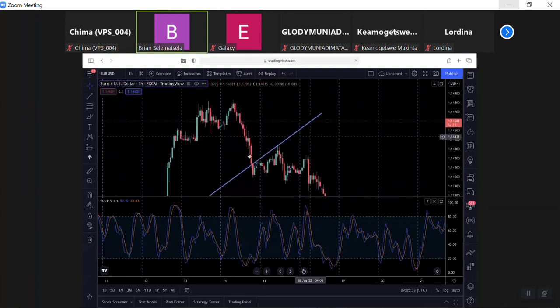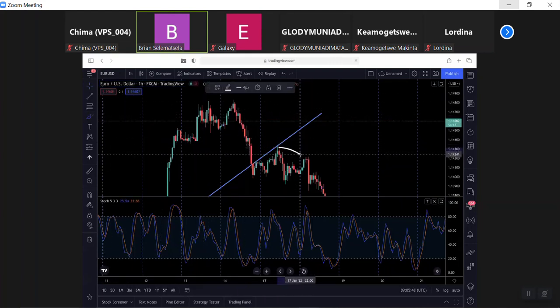On this time frame, the first divergence is from here to there, and from here to there. So you're seeing the total opposite of what is actually happening between the market and your stochastic.